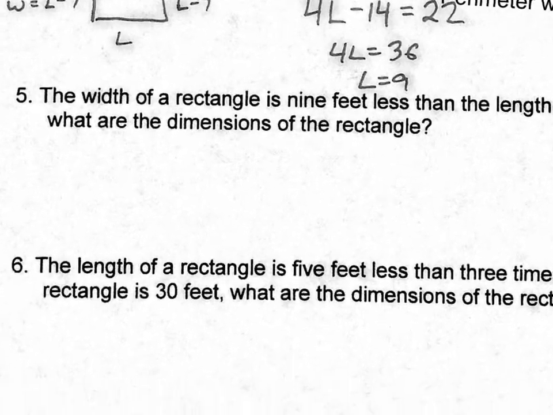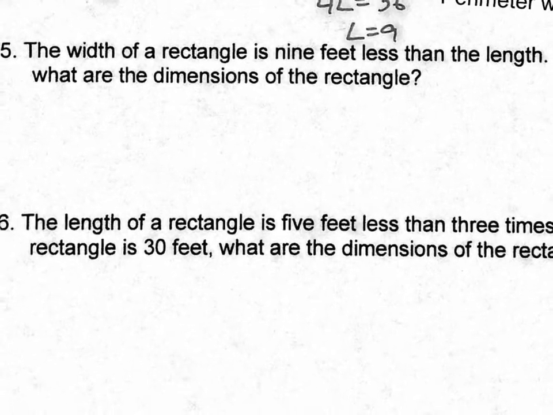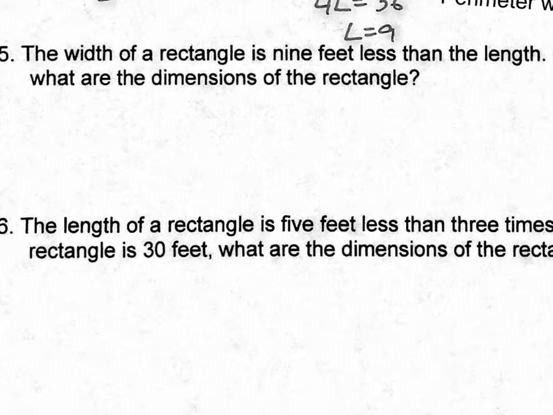Let's really understand what we're reading here. The width, which I'm going to call W, is, so that's really W equals, it says 9 less than, which implies subtraction and a switch in order, the length.